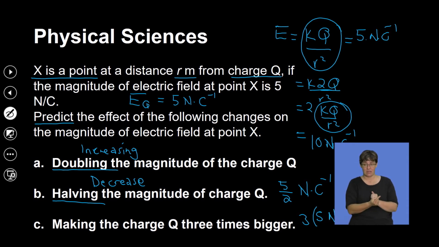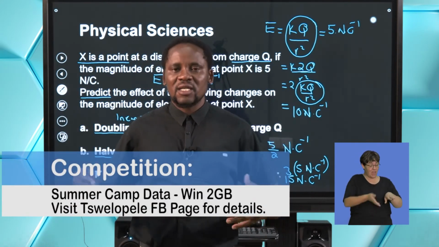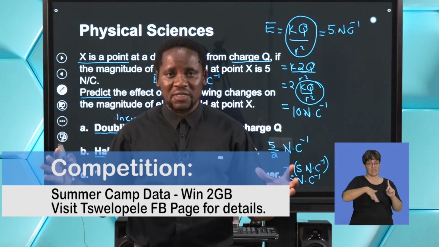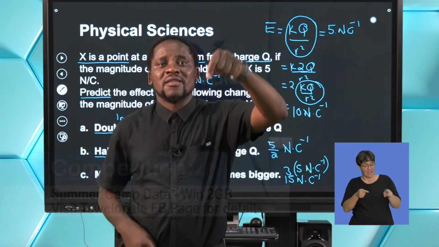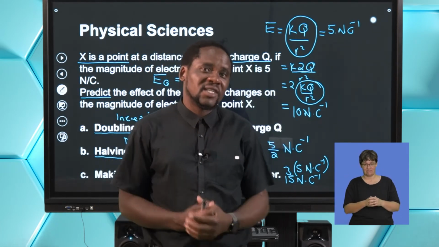So if that happens, then we get 15 newtons per coulomb, right? So what are we on about here? We are saying that the mathematical relationship that exists is that once you increase the magnitude of the charge that creates the field, at the same point, the size of the electric field at that point will be correspondingly greater, right?